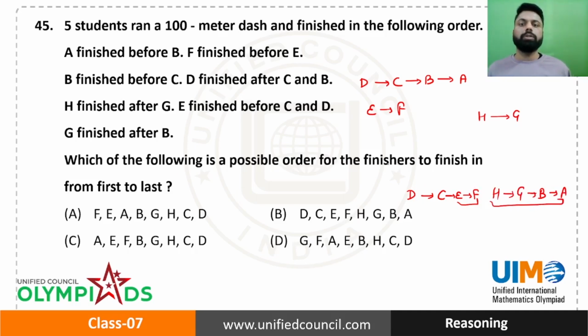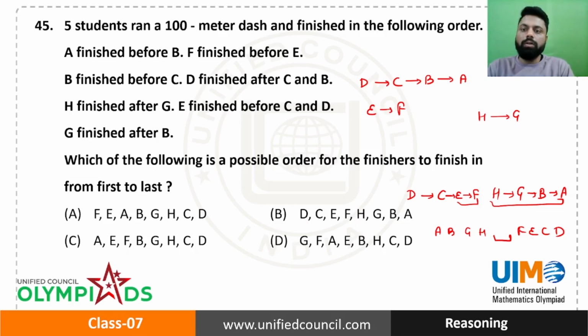Which of the following is the possible order for the finishers to finish from first to last? From first, A, then B, then G, then H, and then we are having F, E, C, D. This is confirmed, but we do not know the bridge between them. A, B, that can be the correct one.